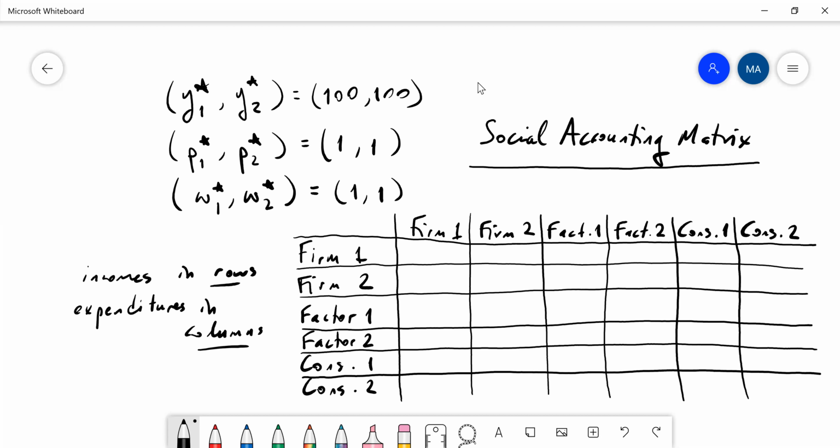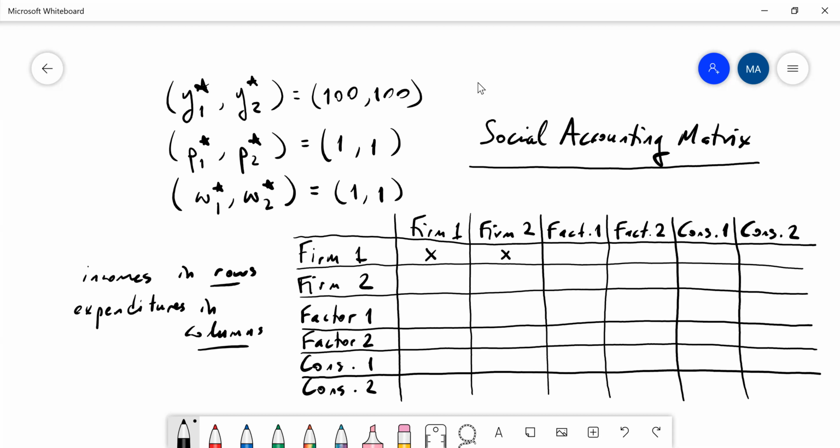Okay. Now, if you look at this model this way, we know that firm 1 and firm 2 will have some intermediate input relationship, right? So when we think of firm 1's incomes, we will have an entry here, then perhaps an entry here.